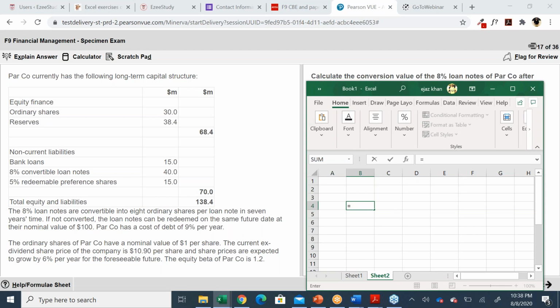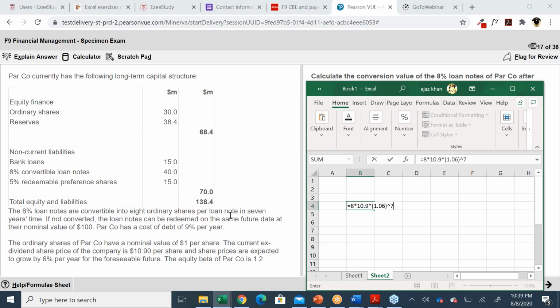How many shares are we going to get against the loan note? 8 ordinary shares. What's the current price of the share? 10.9. And at what rate is it going to grow? 6%. And after how many years is it going to be converted?